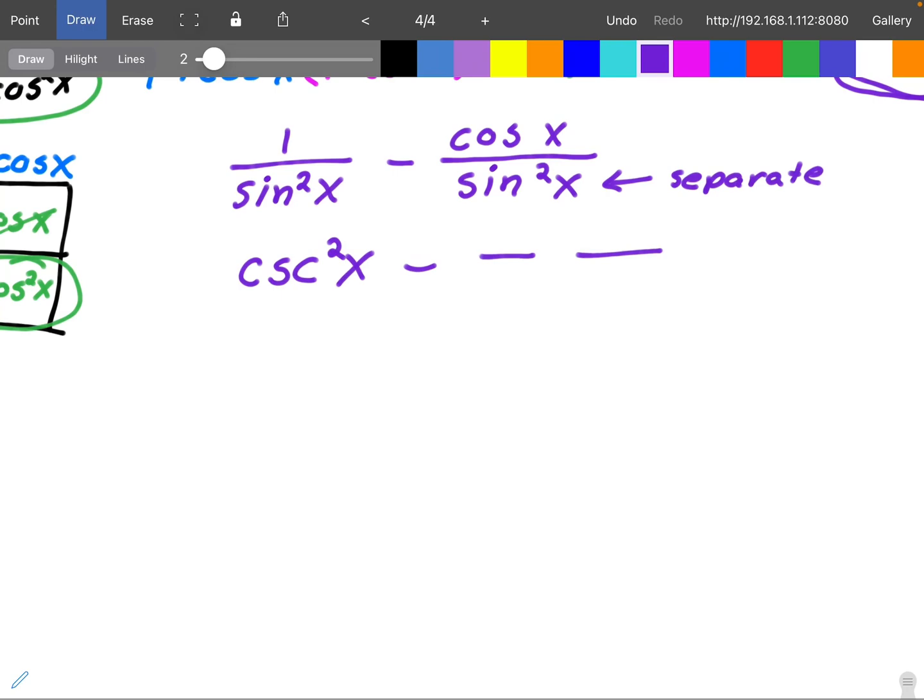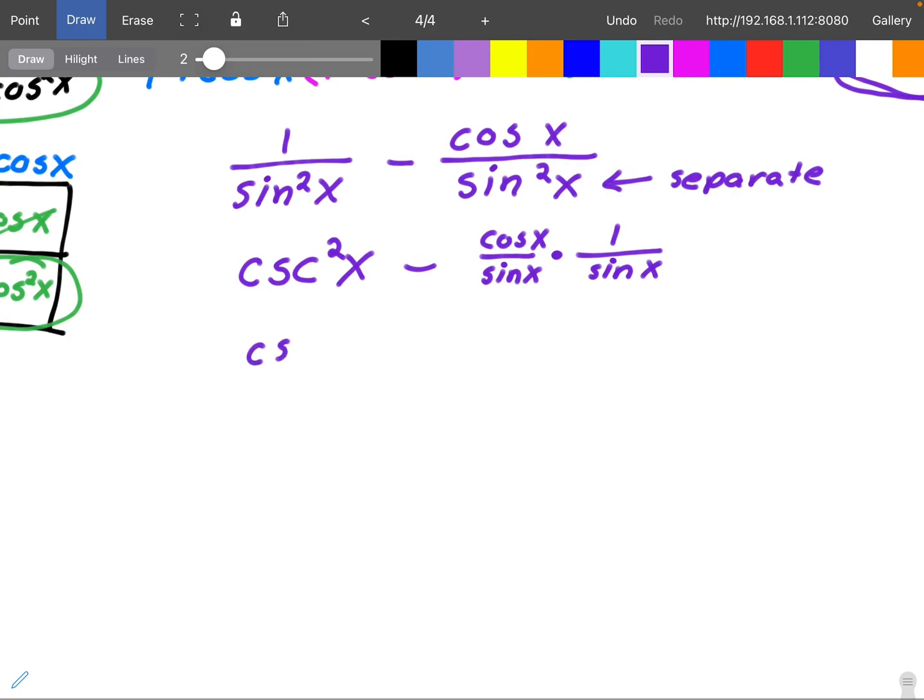I'm going to have two fractions multiplied together, and they both have sine x, because sine x times sine x is sine squared x. Now, the cosine is going to go on the top of one of them, and if the cosine goes on the top of one of the fractions, then what do I put on the top of the other fraction? Well, just a 1, because cosine x times 1 is cosine x. So these are multiplied together.